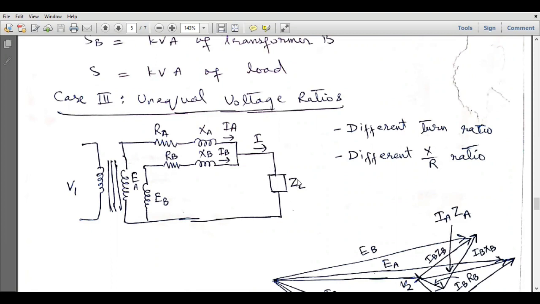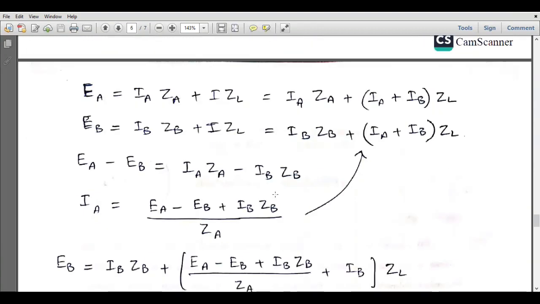So if we make it open circuit, or if we equate ZL equal to infinity, then this current I will be equal to 0, and there will be only circulating current, which will start from transformer A, and after this point it will be absorbed by transformer B, and it will continue to circulate between the two transformers, since there is zero current at the load, and the load is removed to make it open circuit.